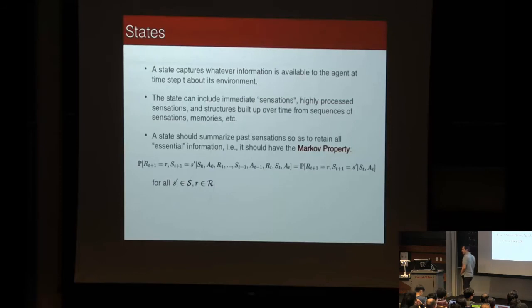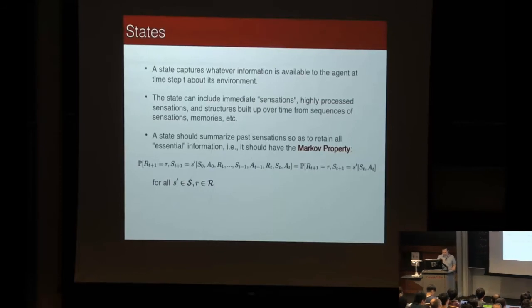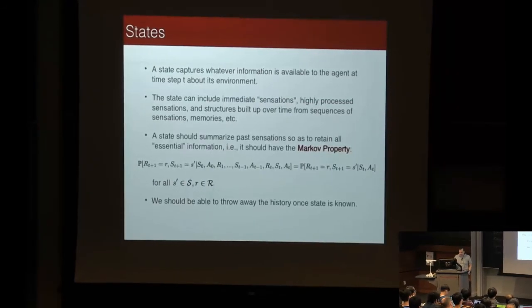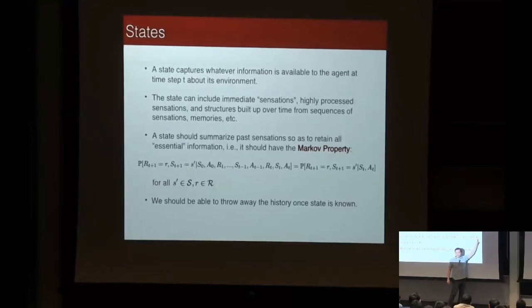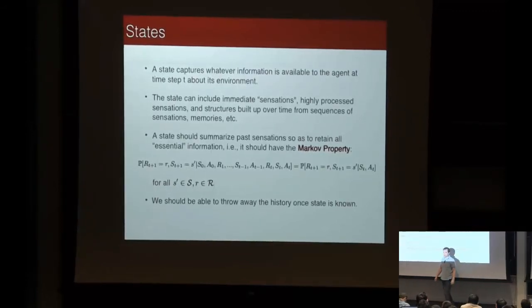So we're always going to be making a Markov assumption. And we should be able to throw away the history once the state is known. Once we know the state S_t, conditioned on S_t, we don't really care what happened at S_{t-1}, S_{t-2}, and so forth, okay?